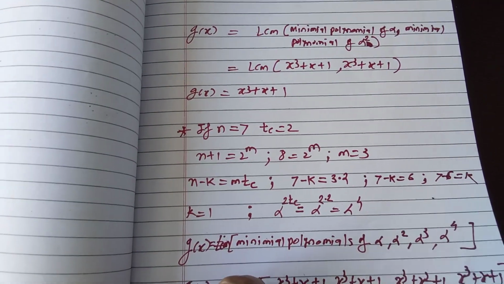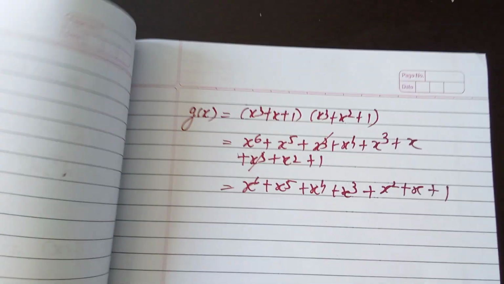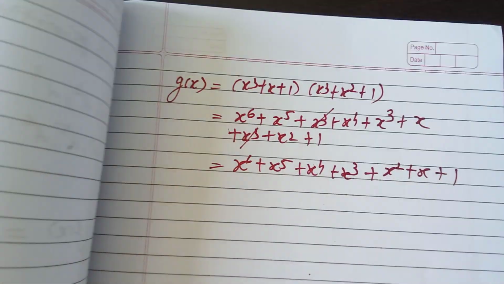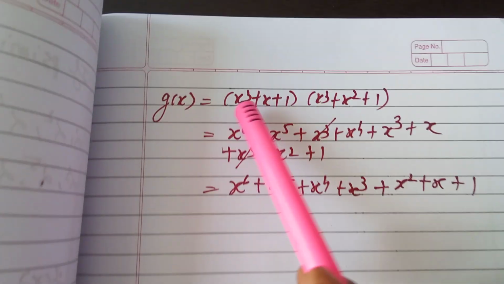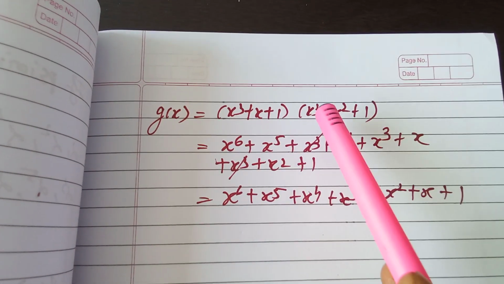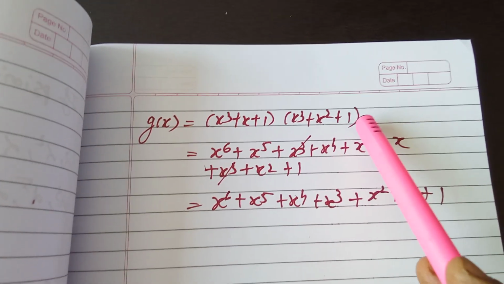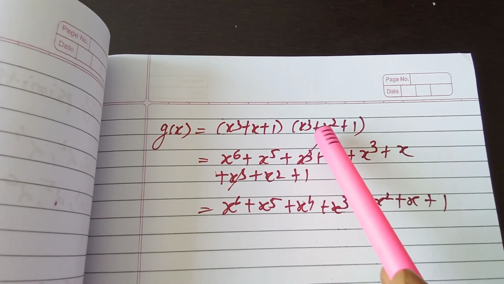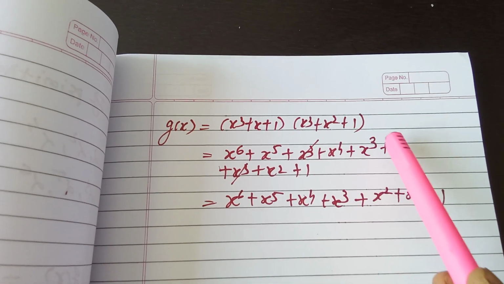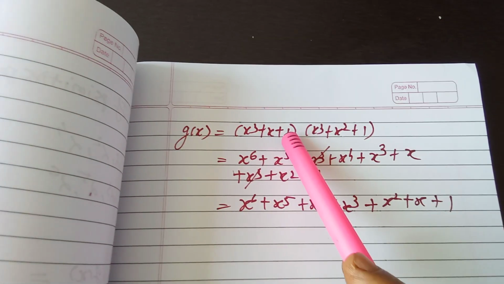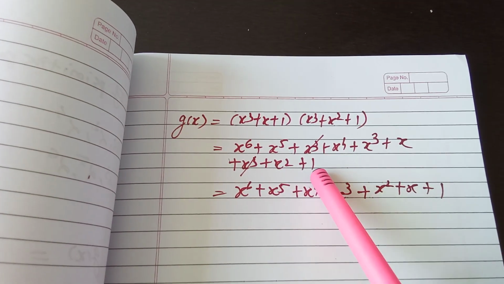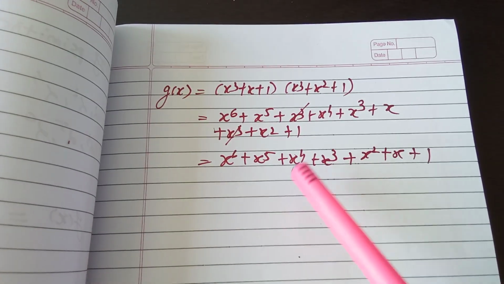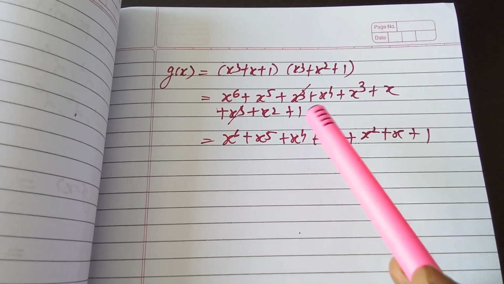Now you have to multiply this. First you have to multiply x cube with all this, that is x^6 plus x^4 plus x^3. Then x with all this, so x^4 plus x^2 plus x. Then 1 with all this, so x^3 plus x^2 plus 1. Now the base field is Galois field 2, that means coefficients are 0 or 1.